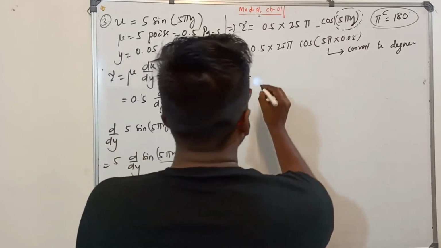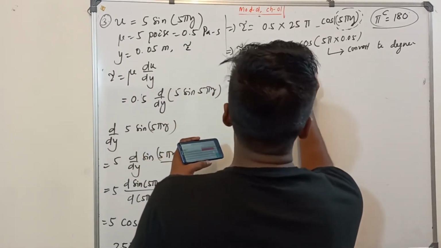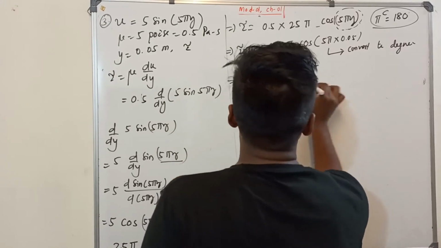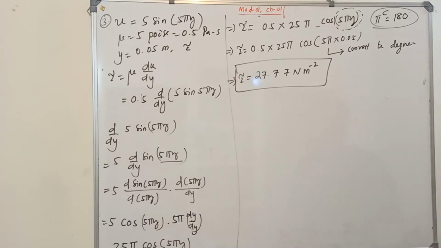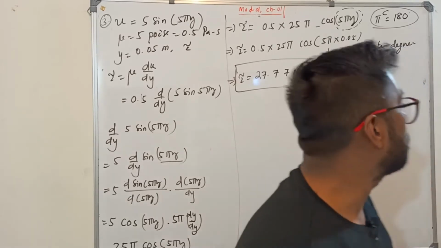The answer I am getting is 27.77 Newton per meter square. This is the value of shear stress. Interesting problem? So you have to solve this problem. Now we'll go for question number 4.